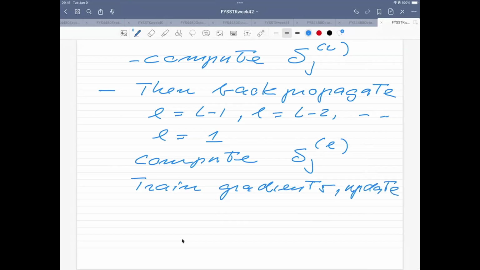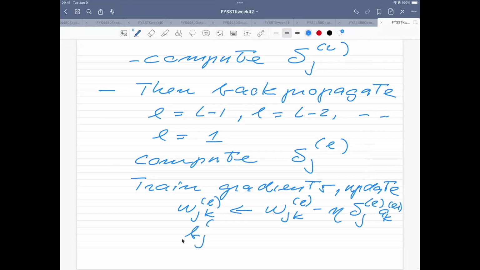And then we update WJK of L, which is given by the previous value, minus eta times this delta JL, multiplied with AK of L minus 1. And then we have BJ of L, which is being trained by the standard formula, which we have seen many times now, times delta JL. And then we continue till convergence.